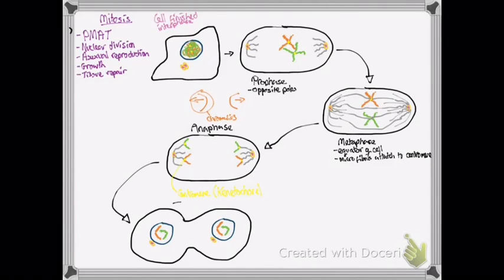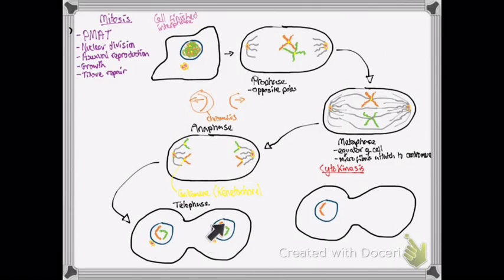Then we have our final phase, which is telophase. And telophase is when the chromatids reach the opposite poles, and they uncoil, become long and thin again, and they are now called chromosomes again.